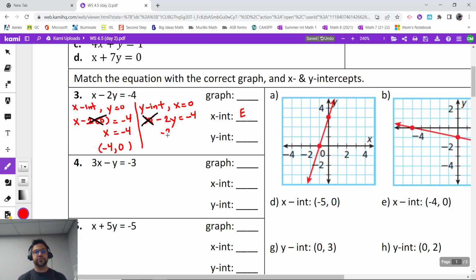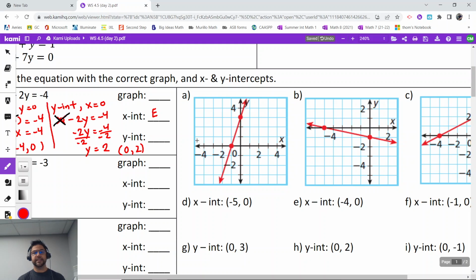So we have negative 2y is equal to negative 4. Divide both sides by negative 2. So y is equal to a negative divided by a negative is a positive, positive 2. So our ordered pair, remember, always starts with the x first, then the y second. So for our y-intercept of 0, 2, that is letter H.